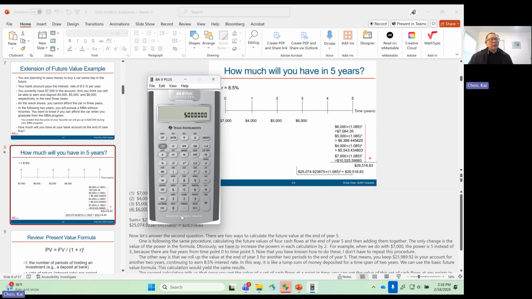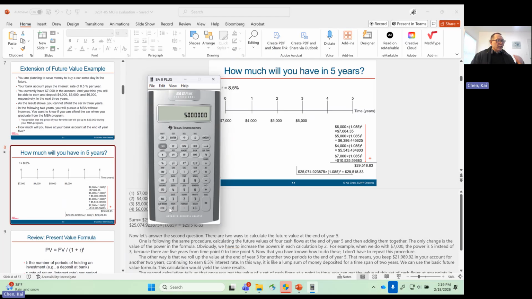So again, for intermediate results, don't write the number on your paper and then re-enter it into your calculator. It is not efficient and not accurate enough. It takes your time to write the number down and then re-enter it. And of course, you cannot save as many decimal places as your calculator does.